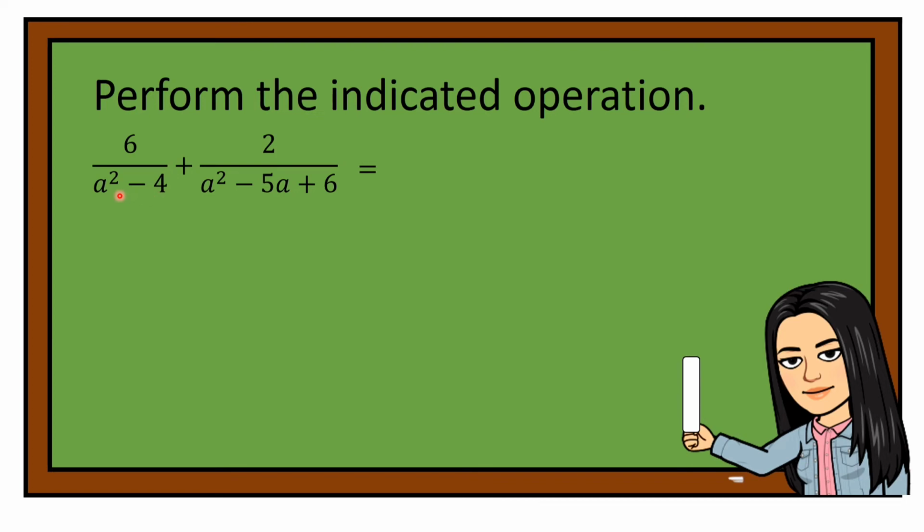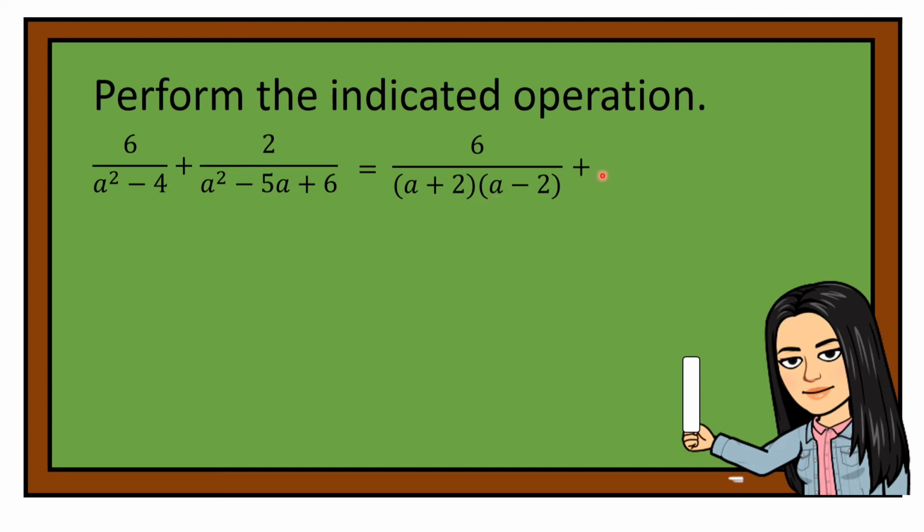So in the first rational expression, our denominator is a squared minus 4. And these are both perfect squares. So we're going to factor this out using factoring the difference of two squares. So that would be equal to 6 over the quantity a plus 2 times the quantity a minus 2.